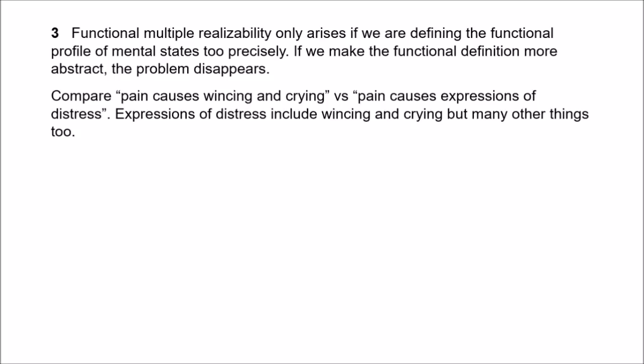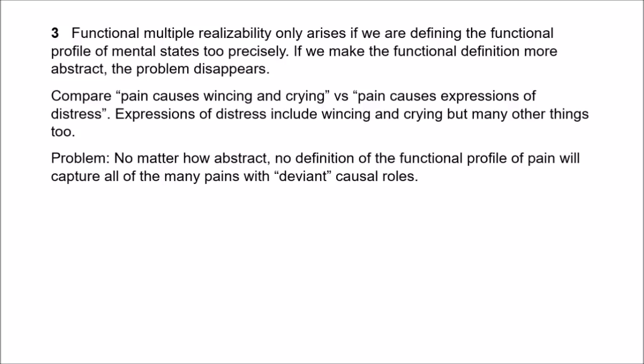That would account for pains in other species and in humans who aren't capable of wincing and crying. Now, of course, pain causes expressions of distress actually still isn't abstract enough. The masochist and the person who's completely paralysed, for example, will not be able to express distress in any ways. But perhaps we can go even more abstract than this. Perhaps there's some functional definition still more abstract that could do the job.